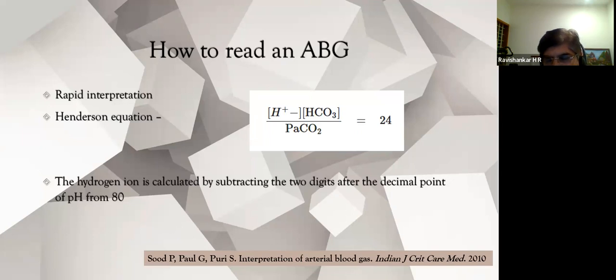So that is why it is better. The oxygen dissociation curve and everything works because it is slightly alkalotic.